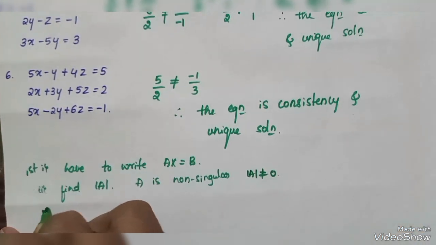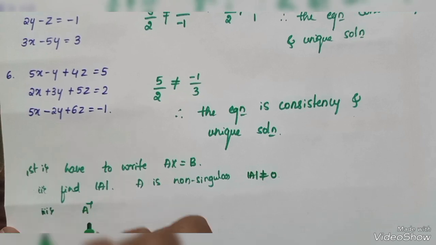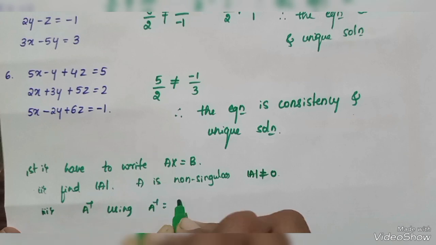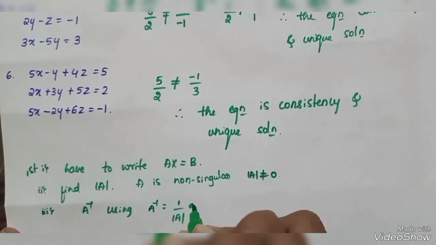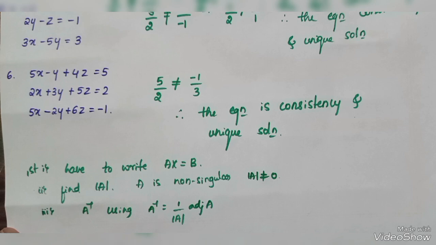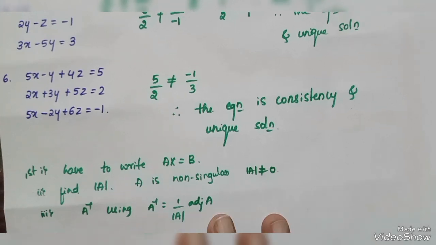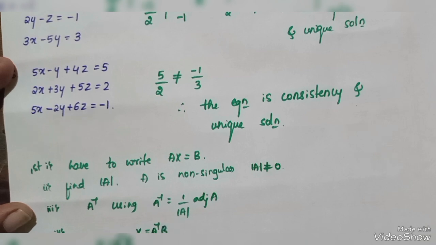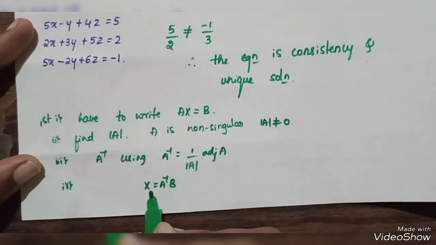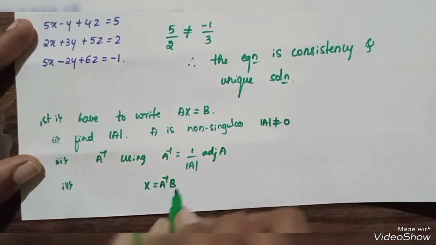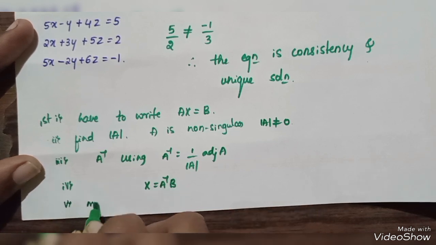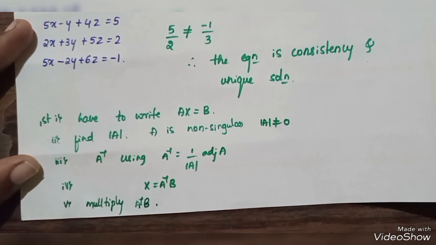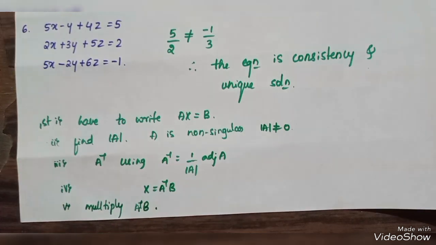Then third step, find a inverse, using the formula a inverse is equal to 1 by determinant of A into adjoint of A. Then fourth step, substitute x is equal to A inverse into B. Here substitute A inverse and multiply A inverse into B. Then we get the result of x.